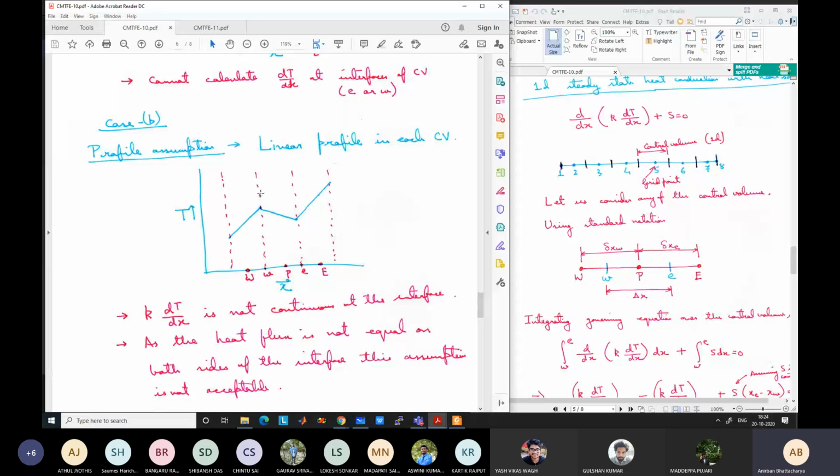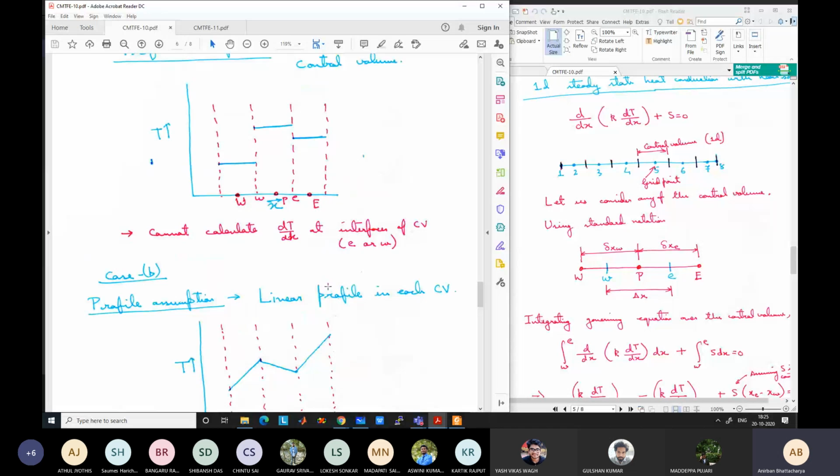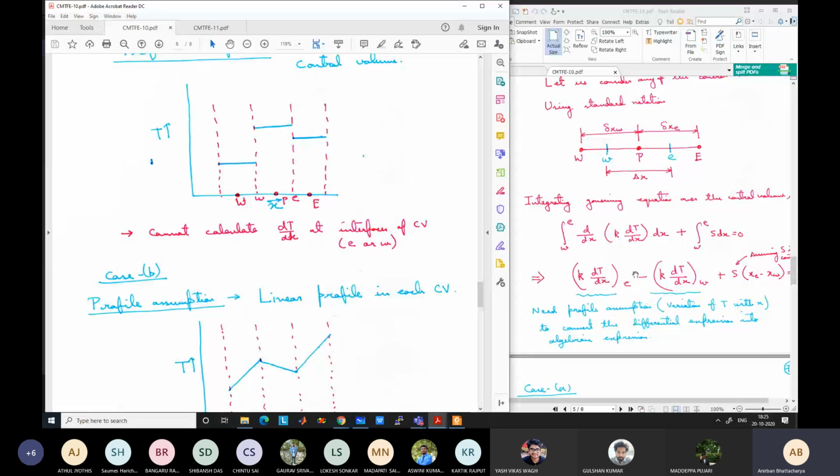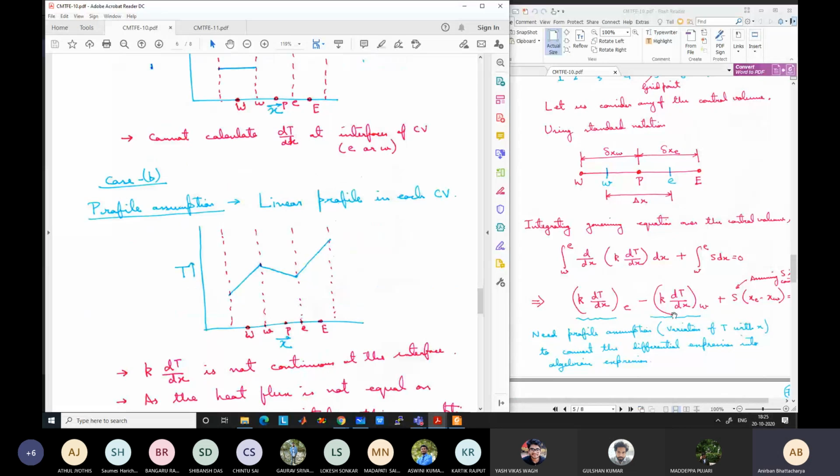when you are calculating the things for, say, the pth control volume. Let me keep this equation open. You are doing all the calculation for the pth control volume. You have one heat flux at the east face of the pth control volume and one heat flux at the west face.